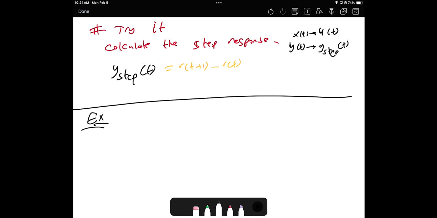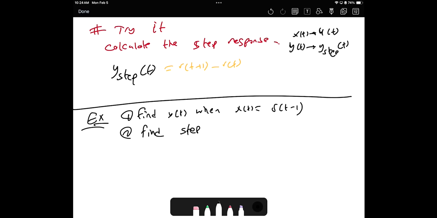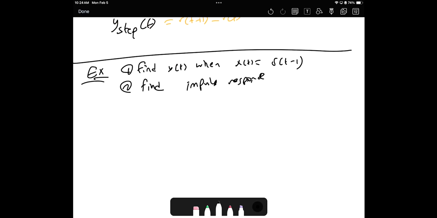Now we need to first find y of t when x of t equals delta of t minus 1. The second thing, find the step response or impulse response. Okay, what's the system? Here is x of t, similar to the previous system.